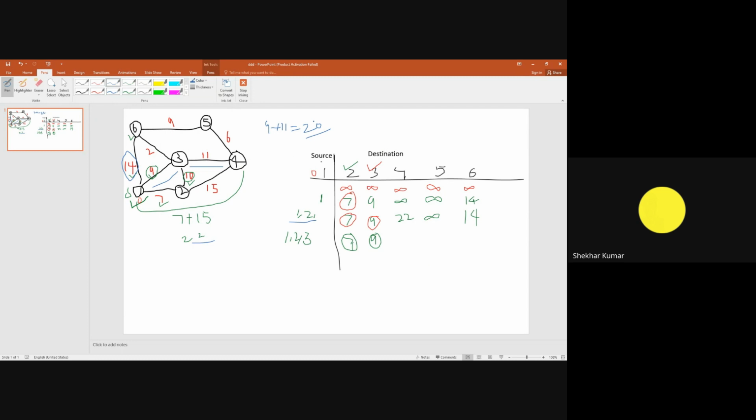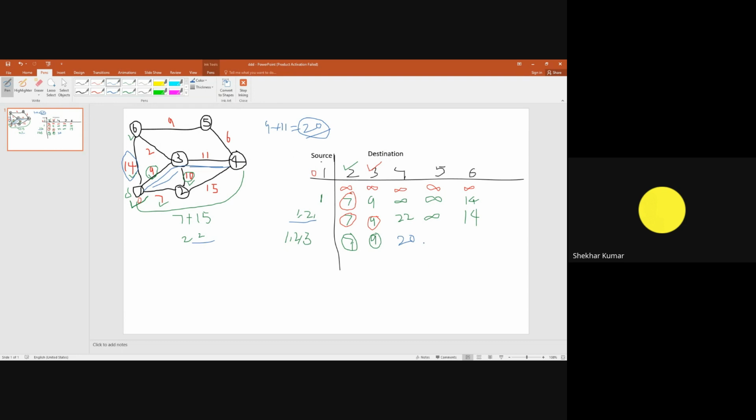Which is minimum? That is 20. So the 22 will be replaced by 20. Now the new path will be 1 to 3 and 3 to 4 for traversing the 4. Okay. Next is 5. It is possible to visit 5 with the help of 1, 2, and 3.